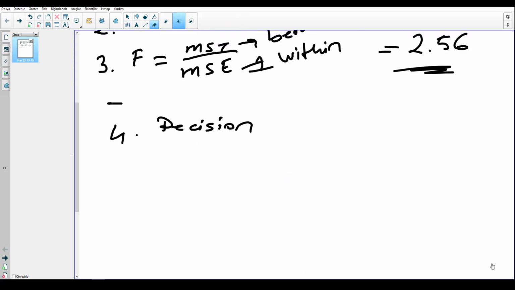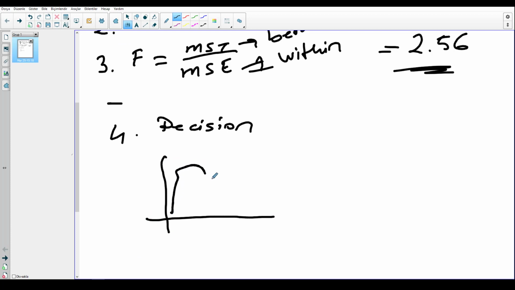For the decision, we should compare our F statistic to the table value, and we found the table value as 2.76. I will draw the F distribution. It's very hard to draw using this pen and tool.